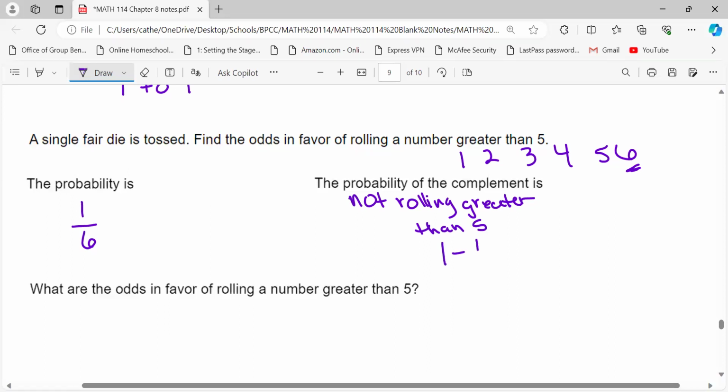So 1 minus 1/6 is going to be 5 over 6. So not rolling something greater than 5 would be the numbers 1, 2, 3, 4, and 5. So that's 5 possible out of 6. Or the complement, where you take 1 and you subtract what you don't want, and that is the probability greater than 5.